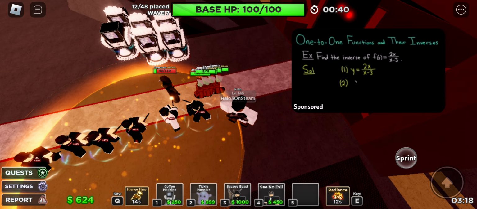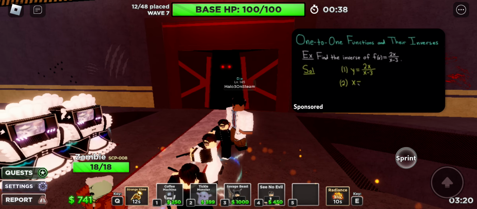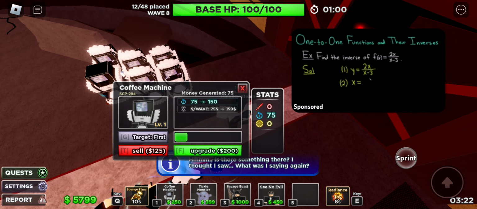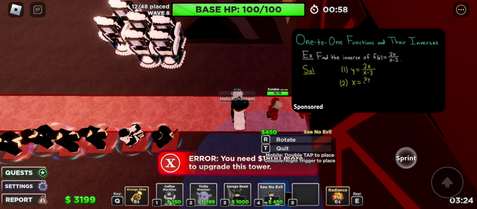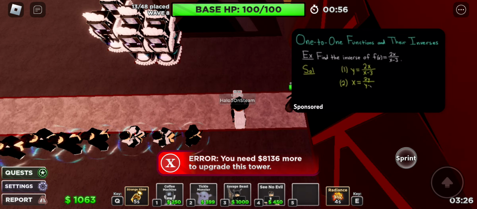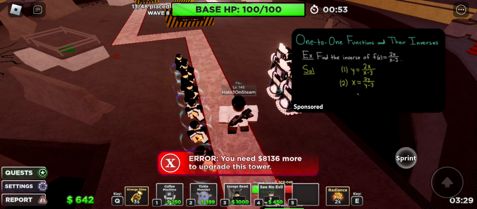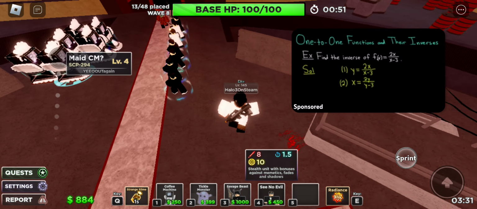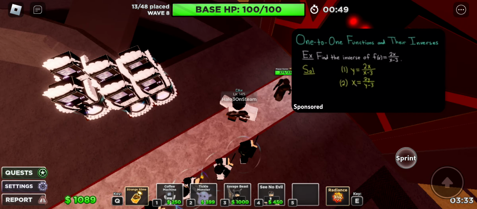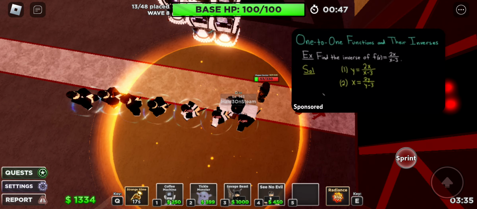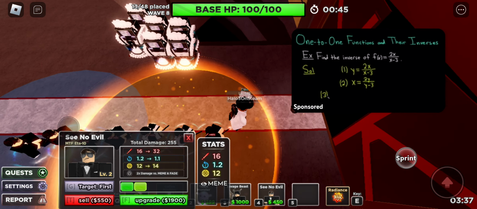So whenever you see a y, you put an x, so we have x equals, and wherever you see x's, you put y's. So this is 2y over y minus 3. Again, the first step, you just replace your f of x with y, and the second step, you switch your x and y. The third step is where it gets a little bit more interesting.